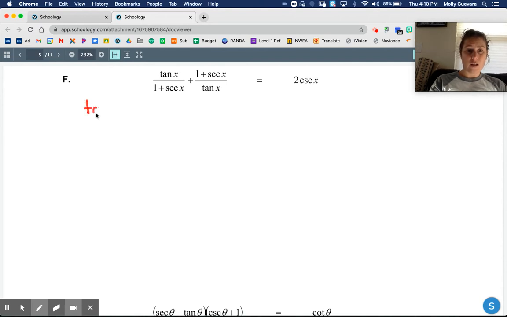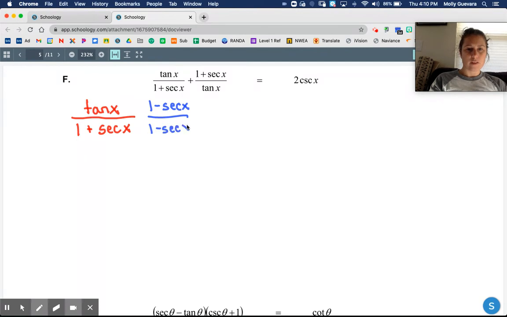So tangent of x over 1 plus secant of x. I'm going to multiply by the conjugate, so 1 minus secant x. And then I still have the plus 1 plus secant x over tangent of x.